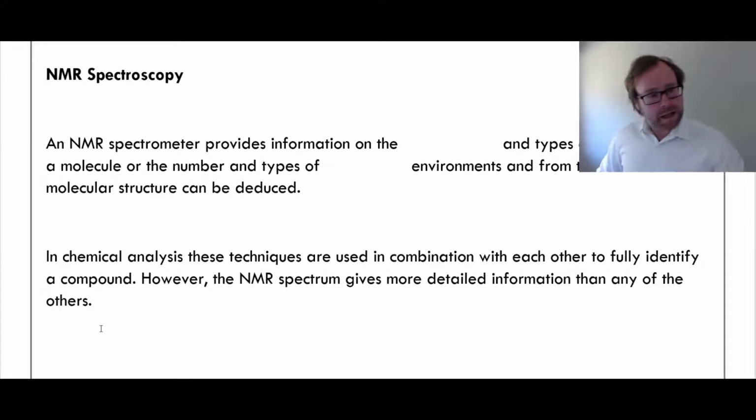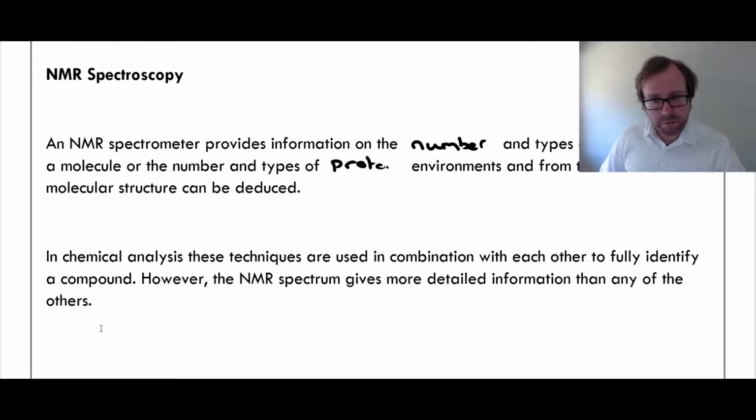An NMR spectrometer provides information on the number and types of environments in a molecule, and the number and types of proton environments.